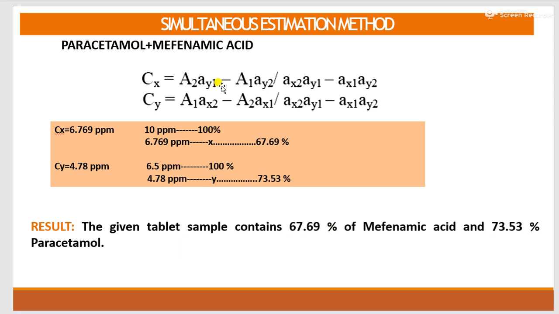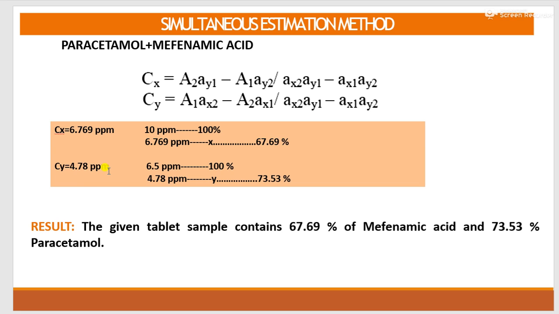Now if you place the values into this equation, you will get the concentration of X and concentration of Y. But very important, the value you will get is in gram per 100 ml, because for calculation of absorptivity the concentration was taken in gram per 100 ml. So you will not get ppm directly; you have to convert it into ppm. That comes to Cx equal to 6.769 and Cy equal to 4.78 ppm.